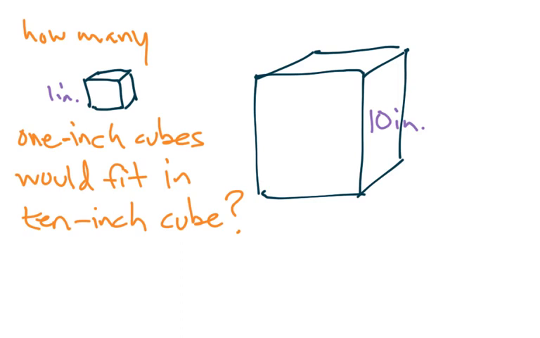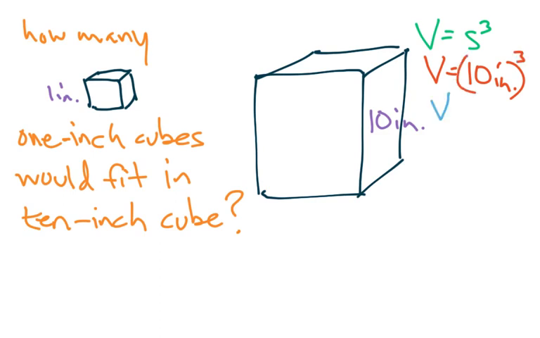Could it be more? Well, if we go back to our volume idea and determine the volume of this 10-inch cube, wouldn't that be side cubed? So the volume is equal to (10 inches) raised to the third power. Now, we do know that 10 cubed means 10 times 10 times 10, and you can go ahead and work that out.